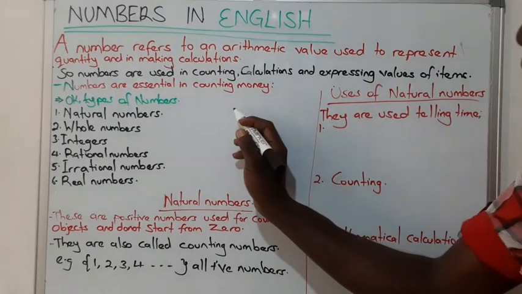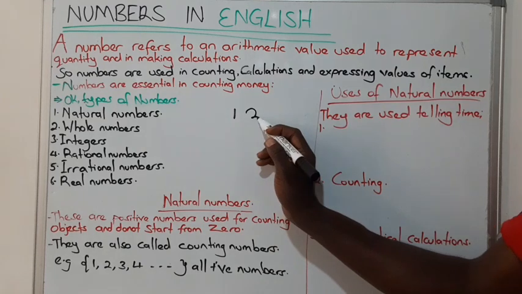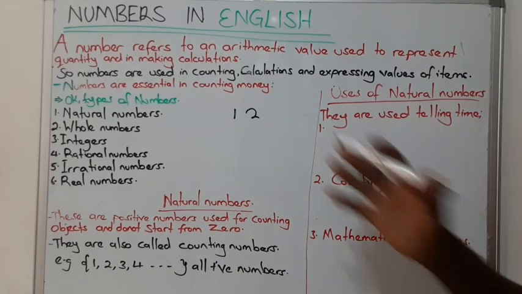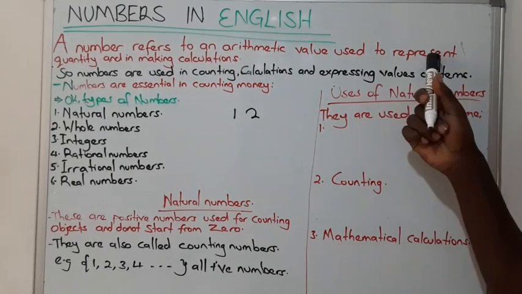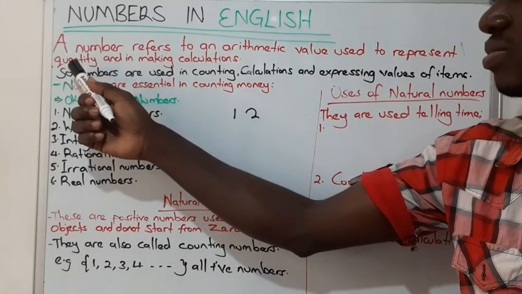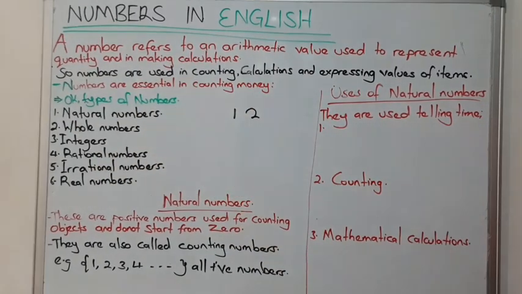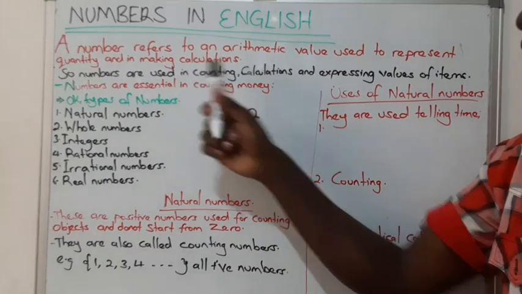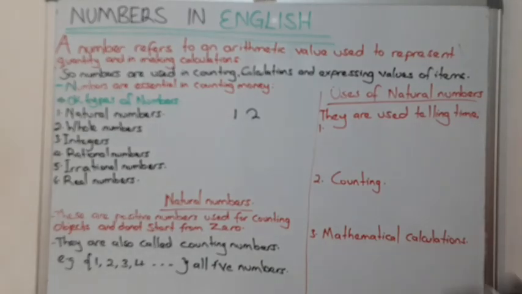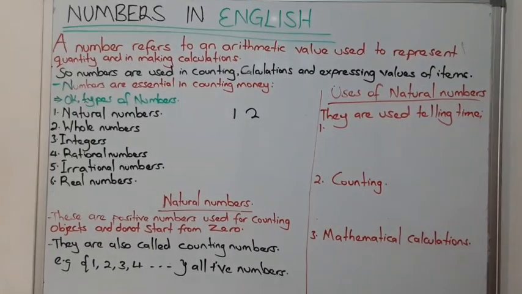For example, 1, 2. So these are arithmetic values used to represent quantity and in making calculations. Numbers are used in counting, calculations, and expressing values of items.